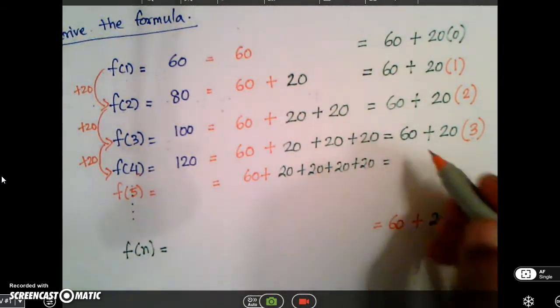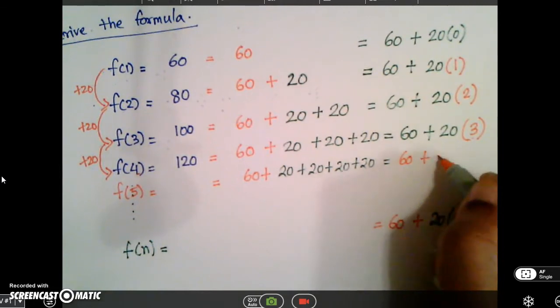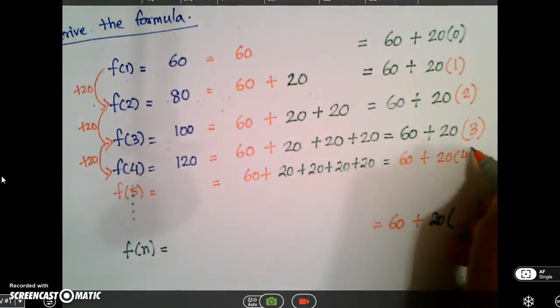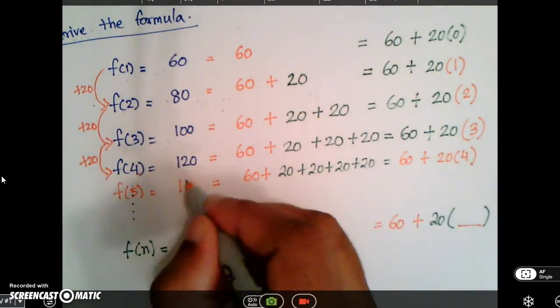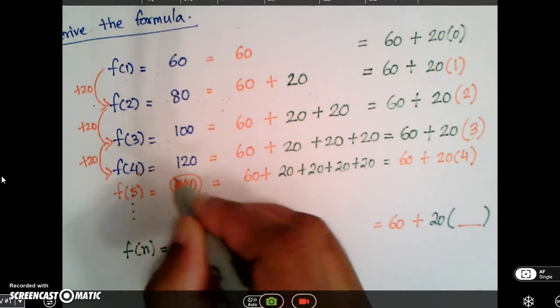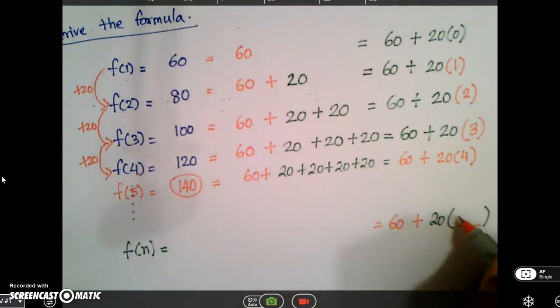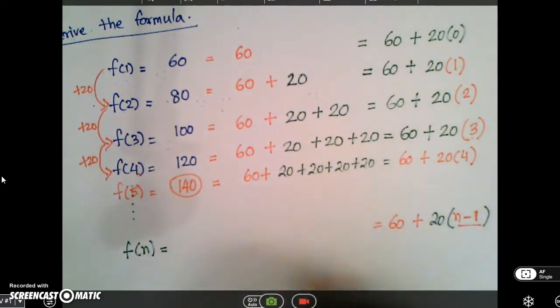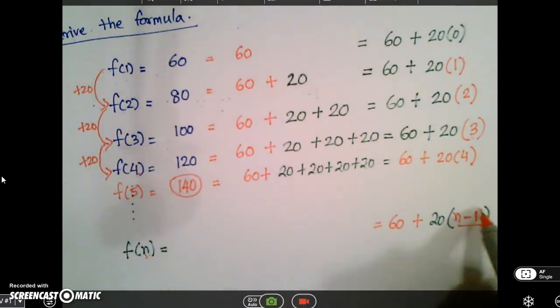So 60 plus 20 times 4, that will give you your 140. Alright, so how many times am I adding it? I'm adding it 1 less than my position number. So for 5, this will become 4. For 4, this will become 3. 4 minus 1 is 3.